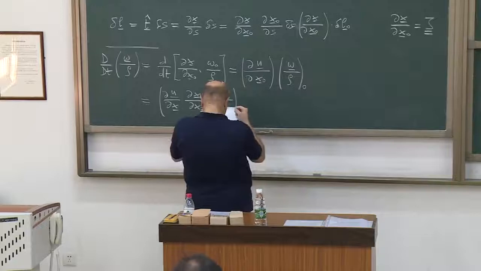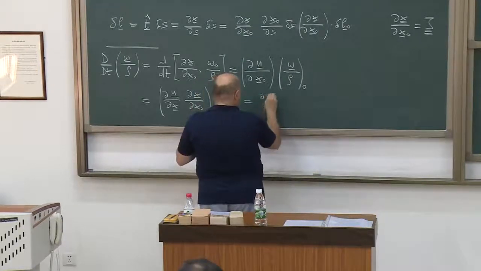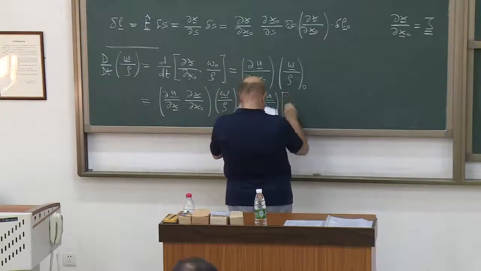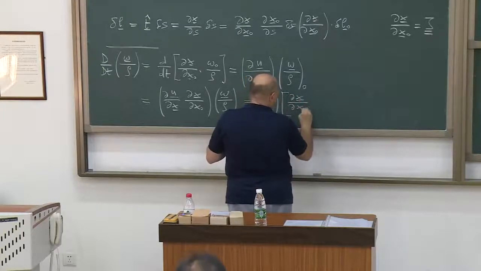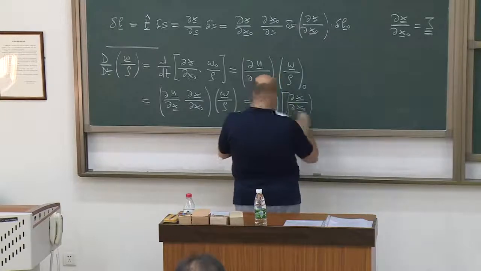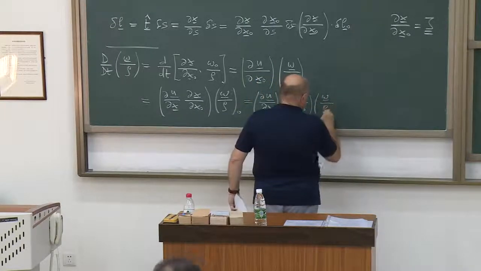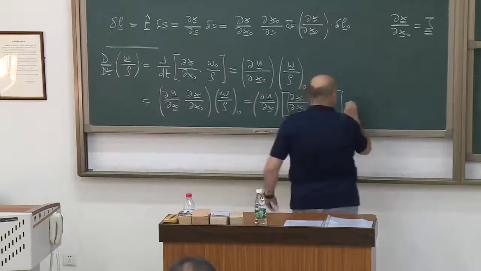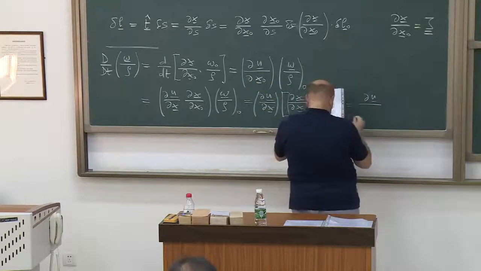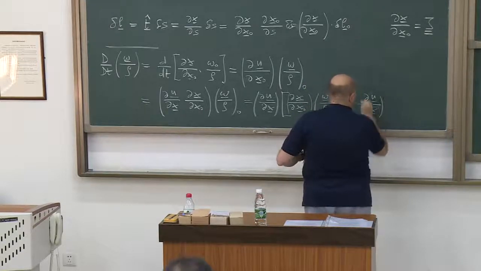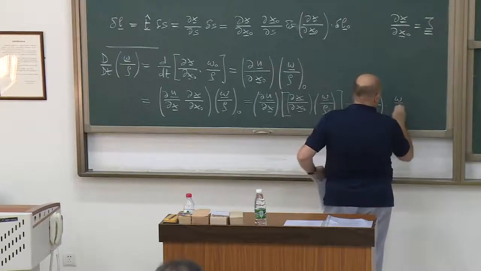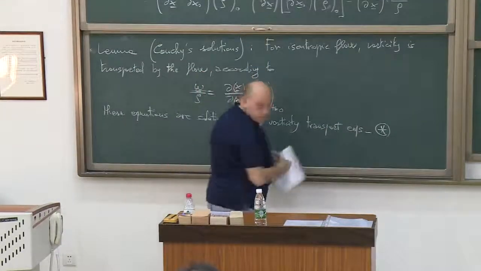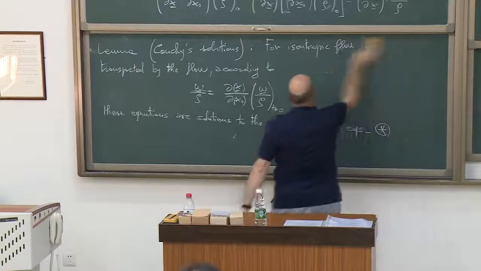You know where I'm going. And this is du over dx times dx over dx0, the Jacobian, times omega0 over rho0. So this is rho, basically: omega over rho, du over dx times omega over rho. So we have just to rearrange the last term.